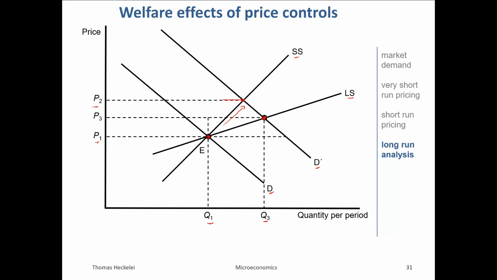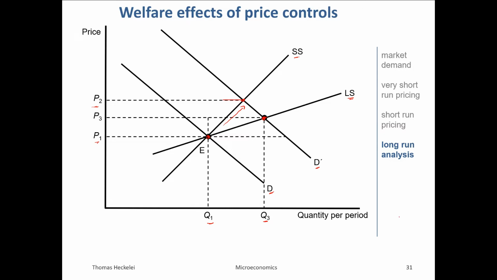Now, implicitly, we also know that this is the point where the short-run supply curve has shifted to this point already, but we don't need it for now. So this is what we have to know. And from looking at the shape of the long-run supply curve here, we can already see that this is an increasing cost case, right?